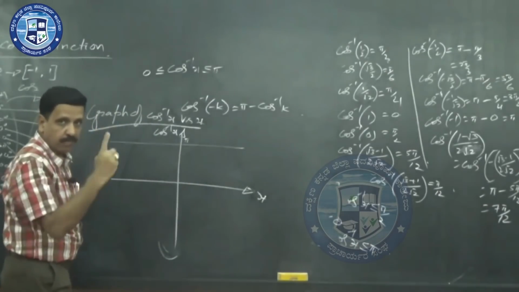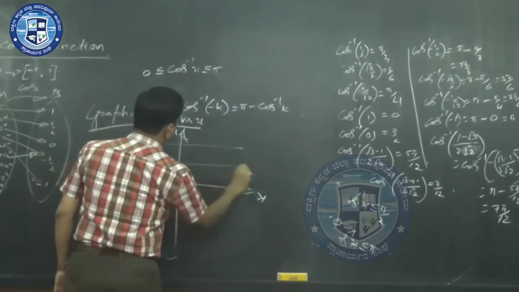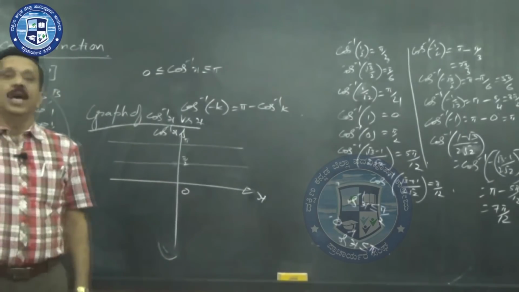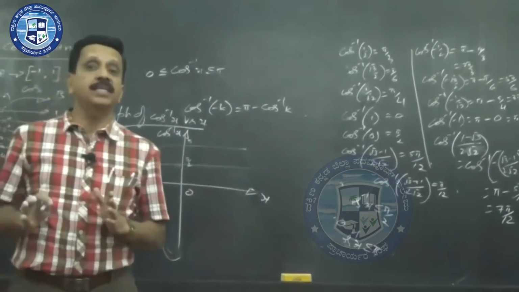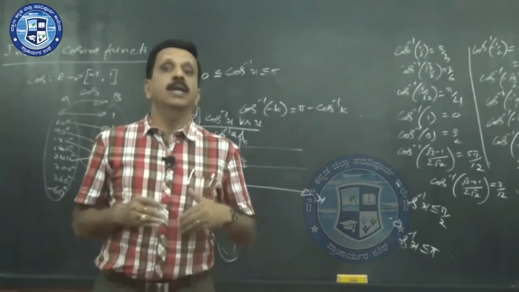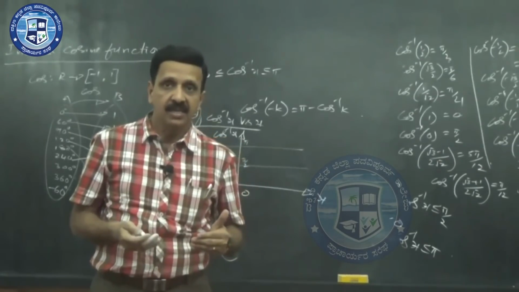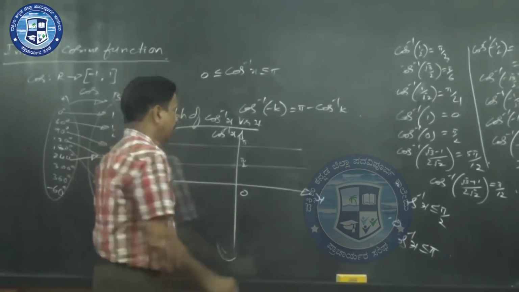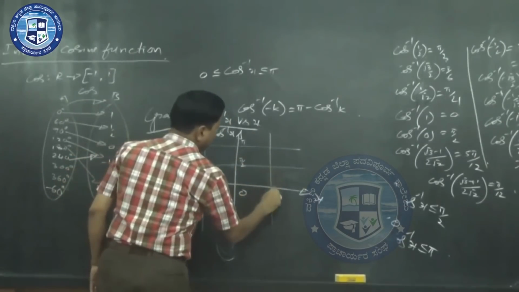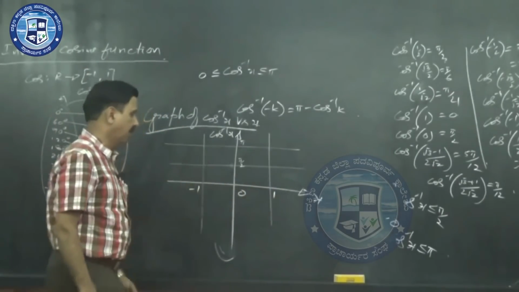It lies between 0 and pi, and for reference, pi by 2 is halfway through. The maximum value of x is 1, and the minimum value of x is minus 1. Here x is equal to 1, and here x is equal to minus 1.